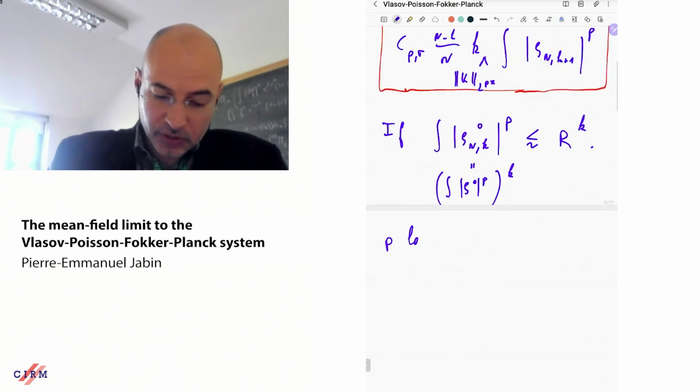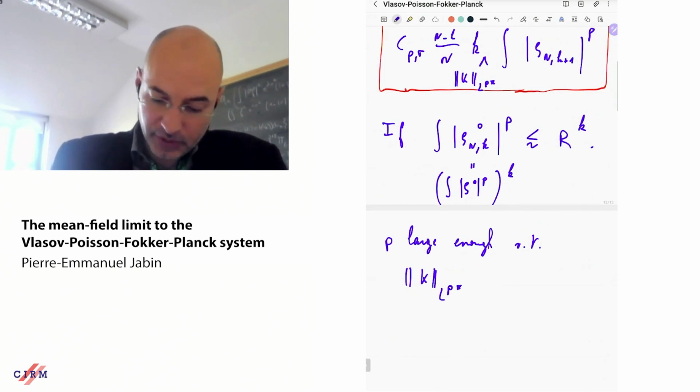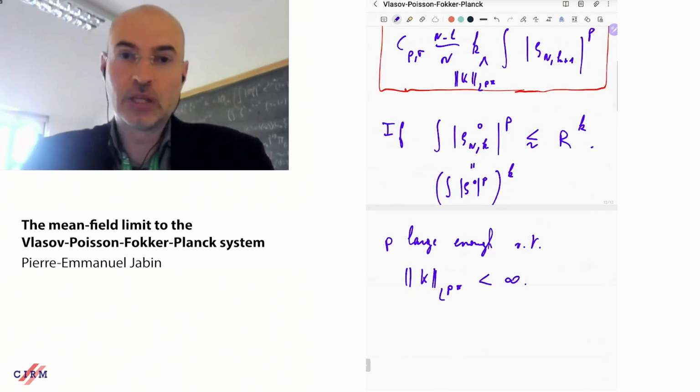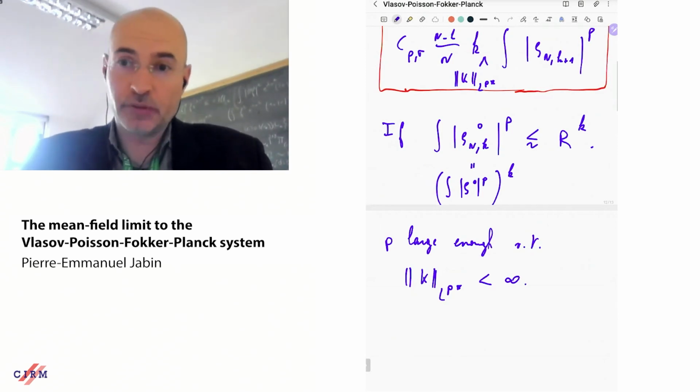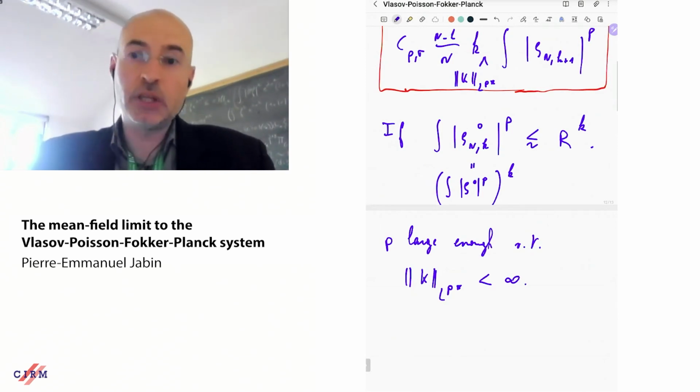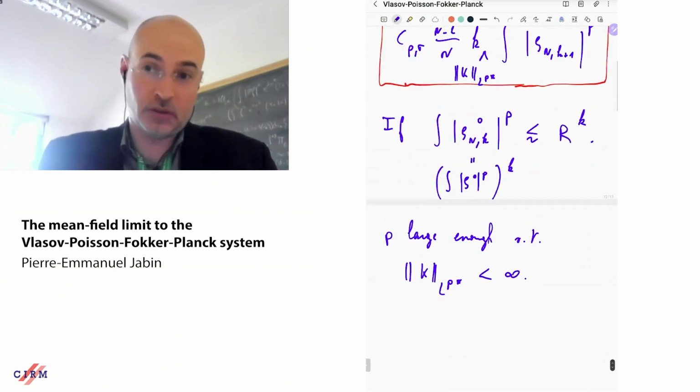If p is large enough, so that k LP star is finite, which I can always do if k is in L^p with p strictly larger than 1, then actually I know how to solve this, and I can show that this remains bounded on a finite time interval.